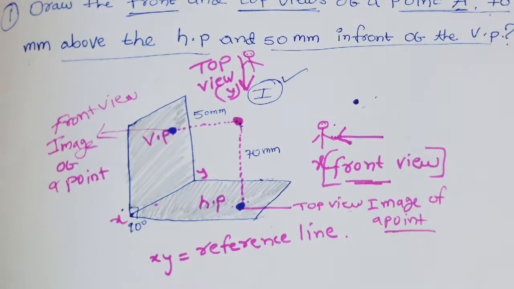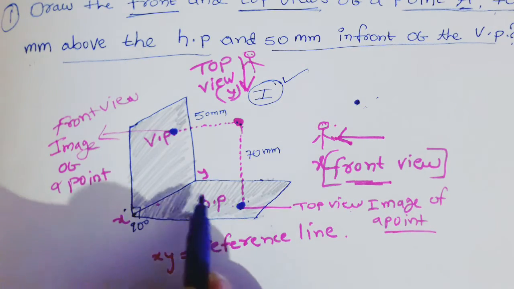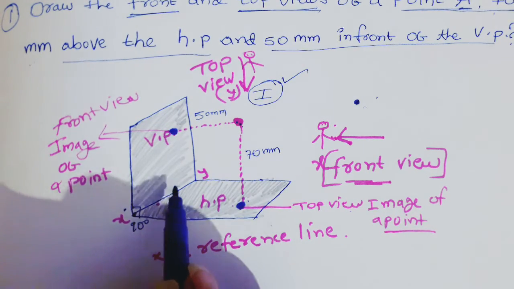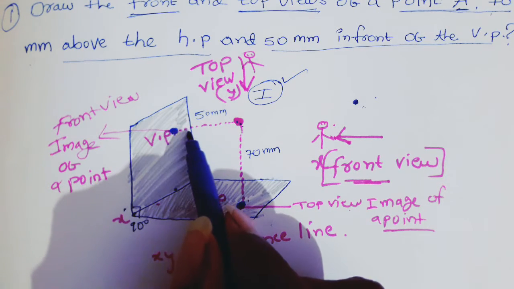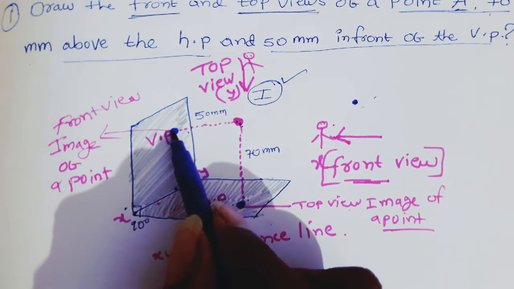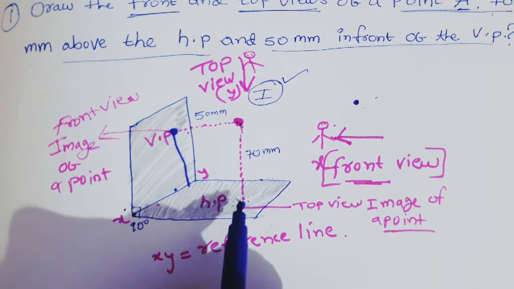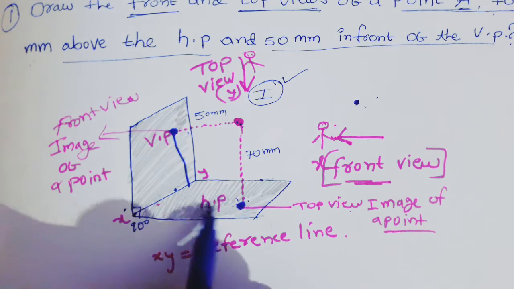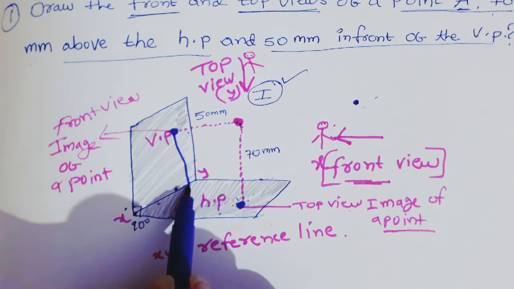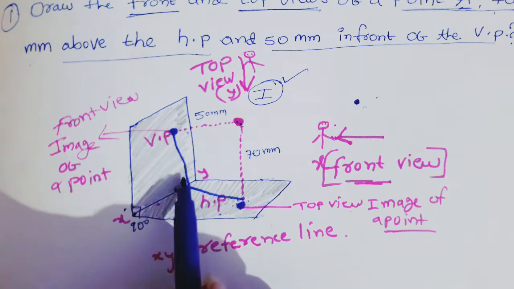When you connect these two images with respect to XY, draw the line with respect to VP up to XY, and draw the line with respect to HP up to XY, you will get the distance here.